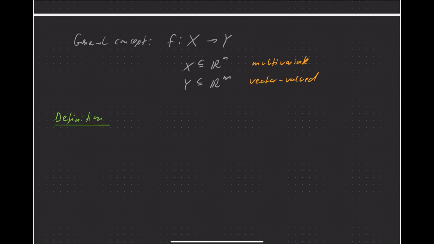Okay, so here's the definition. Let f be a function from X to Y, and again, as in the one-dimensional case, the set X is going to be called the domain. X is a subset of R^n. That's called the domain.